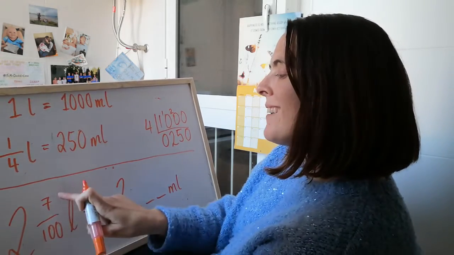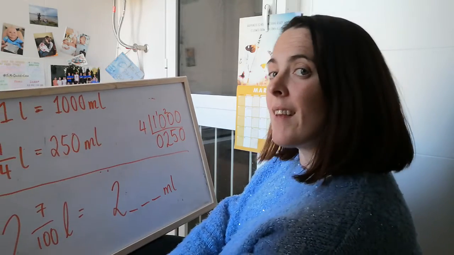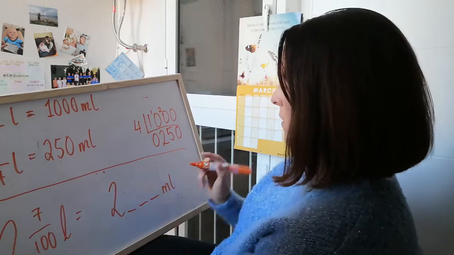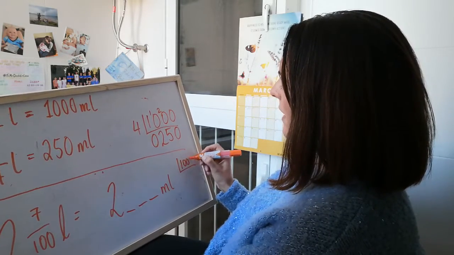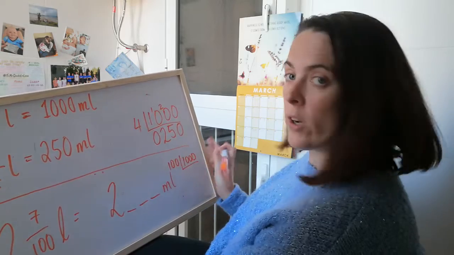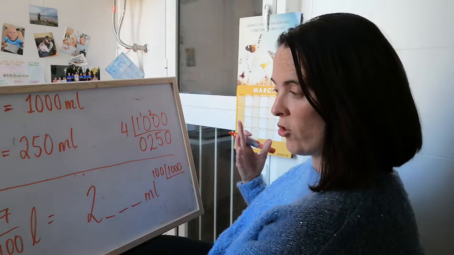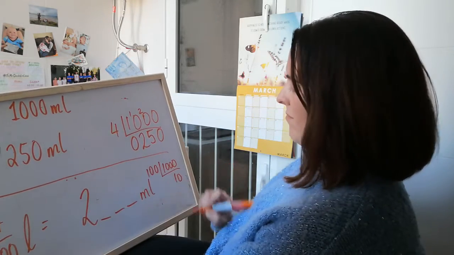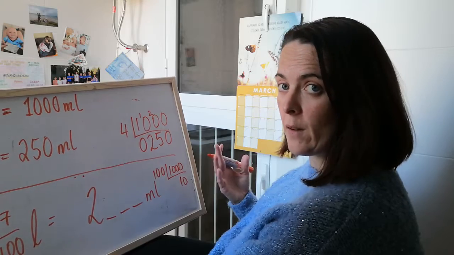So I want to find 7/100 of a litre. That's 7/100 of 1000, okay? So if I divide 1000 by 100, okay, because I want to find 100th first before I find 7/100, that will be 10. Okay, because there are 10 hundredths in 1000.